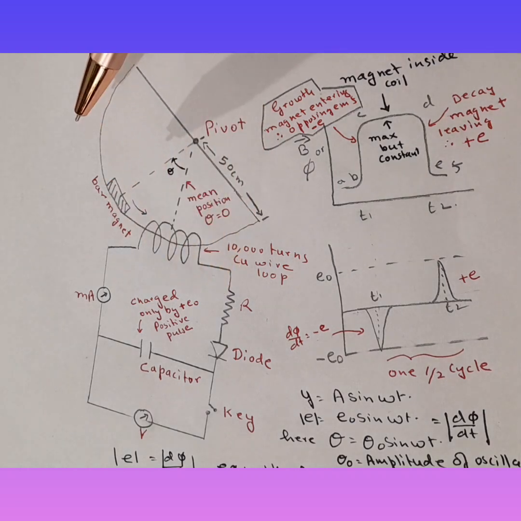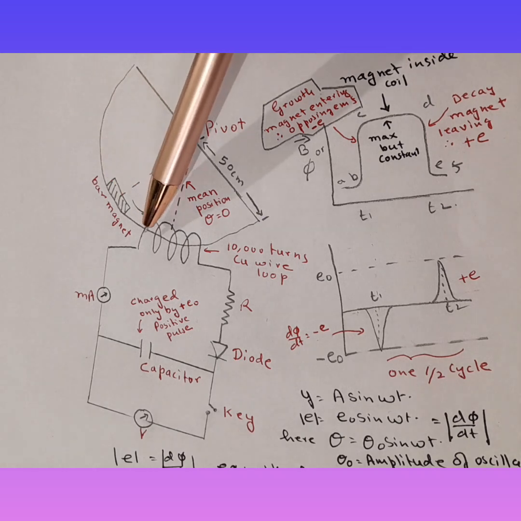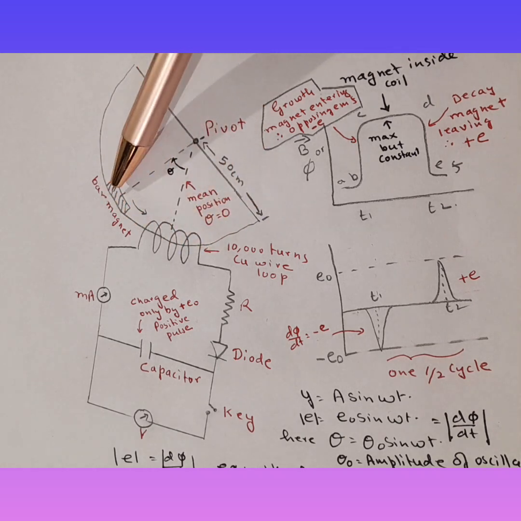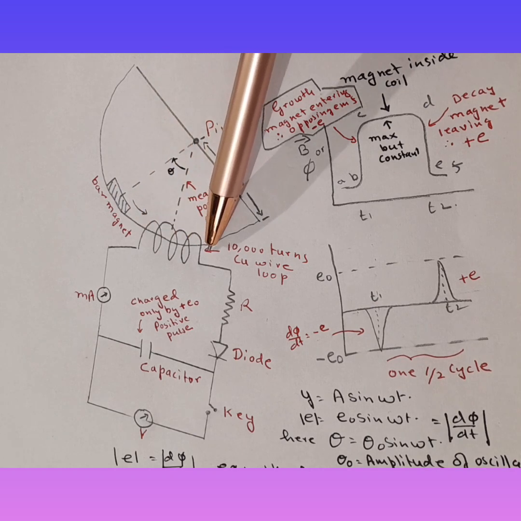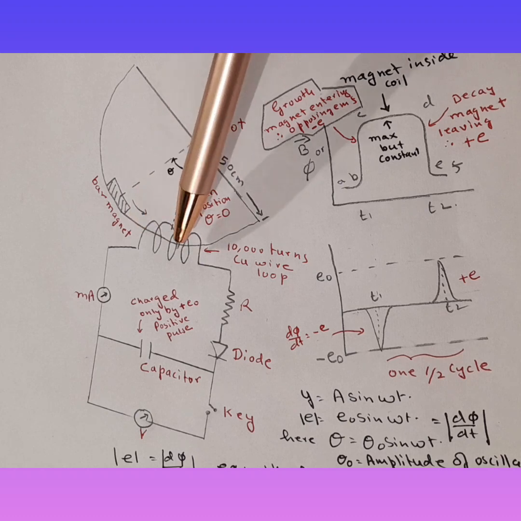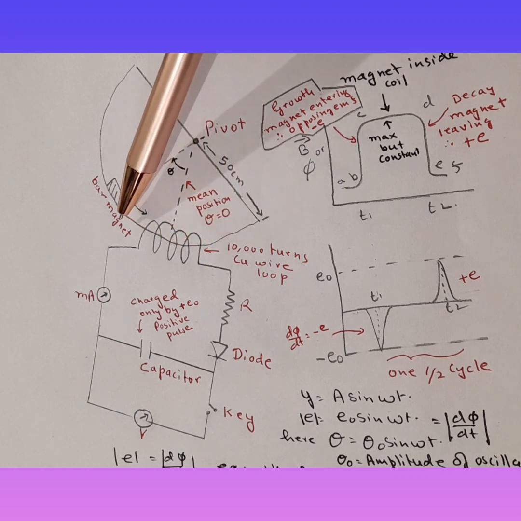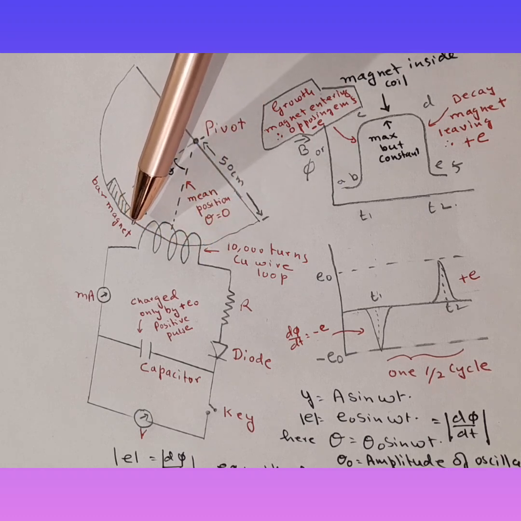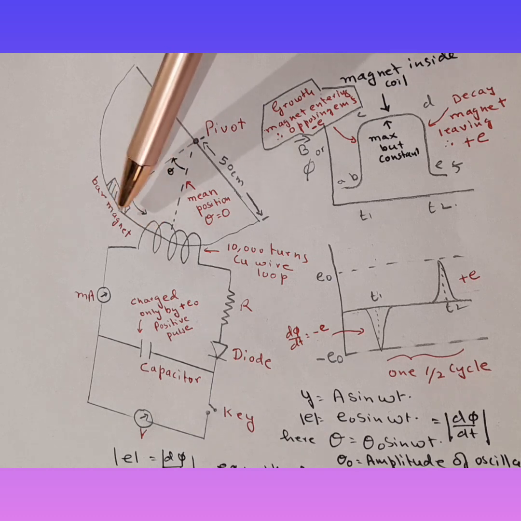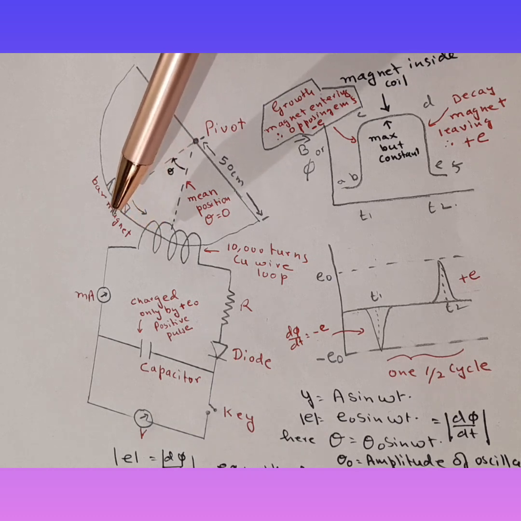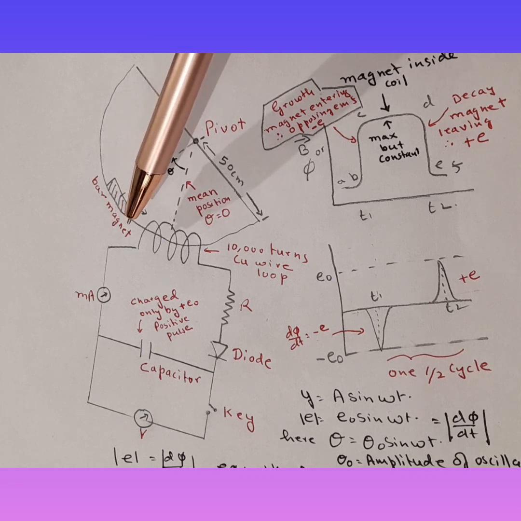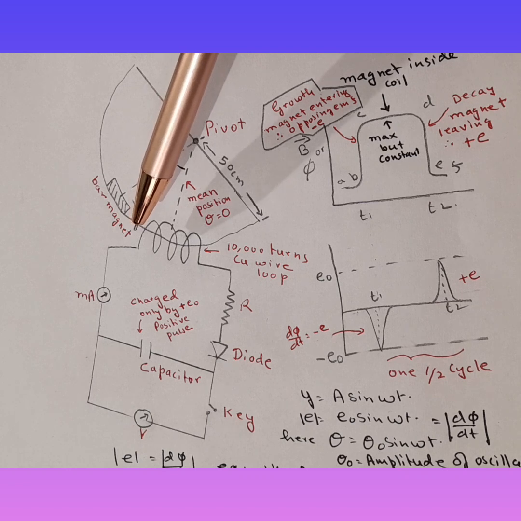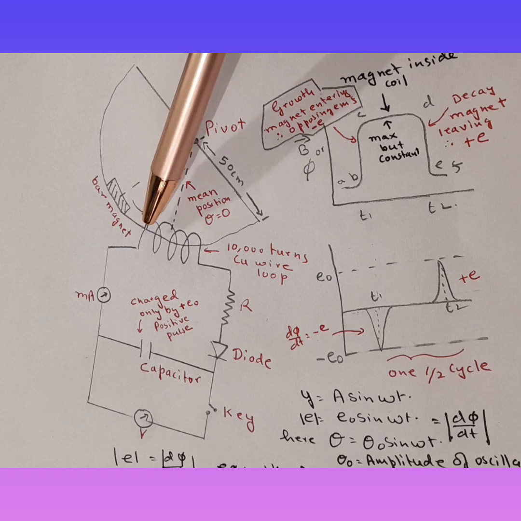Now let's see what happens actually. As I told you, the magnet is swinging. Assume the magnet is over here and then it is moving in like this and then again going back like that. So it keeps on happening that way. What is happening when it is entering the coil? As per Lenz's law, when the lines of force or the flux is being cut, whenever there is a change in flux, EMF is generated.